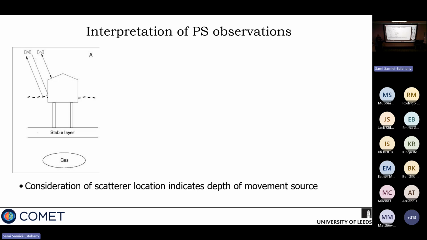So you can start to tease out what kind of deformation is going on by looking at where these scatterers are coming from. Are they coming from the ground, or are they coming from the building? And conversely, you have the case where the ground is stable, but the building is collapsing, its foundations are collapsing. Or you have a scenario where everything's moving because of some deep-seated deformation that's going on at depth.